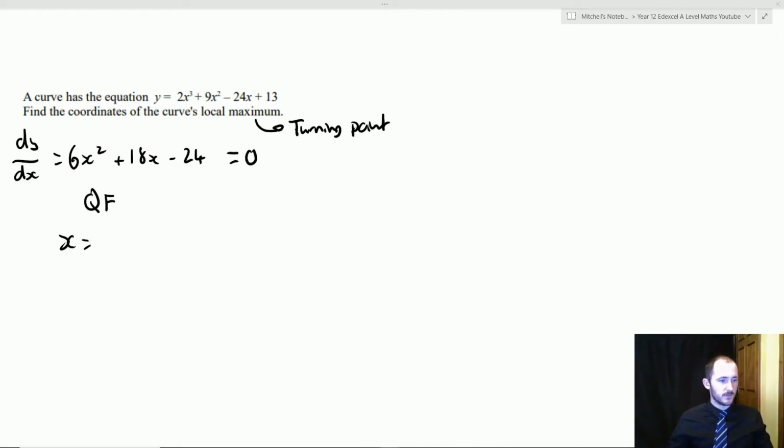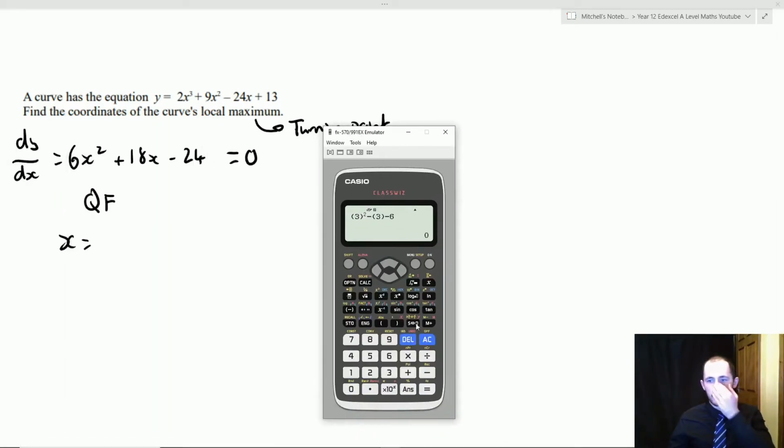So let's get this up. We have minus b, so minus 18, and then plus or minus, so let's start with plus, the square root of b squared, so that's 18 squared, minus 4ac. a is not 2, I made a mistake there, a is 6, and c is minus 24, over 2 times 6.